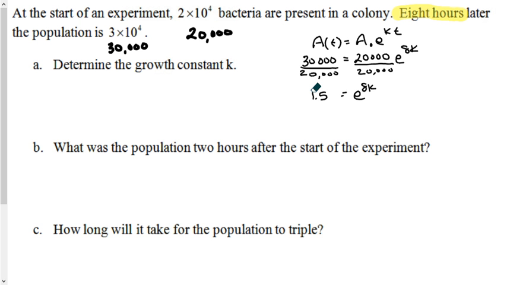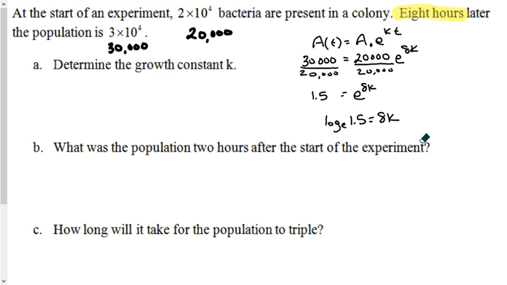So 30,000 divided by 20,000 is just 1.5. Now what we're going to do here is, some people call it taking the natural log of both sides, or rewriting this in logarithmic form is how I like to think of it. The base is e, so that's like log base e of 1.5 equals 8k.